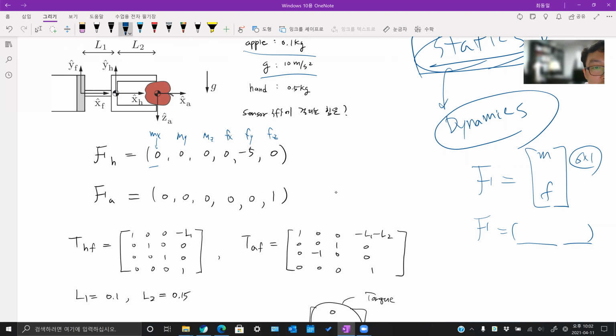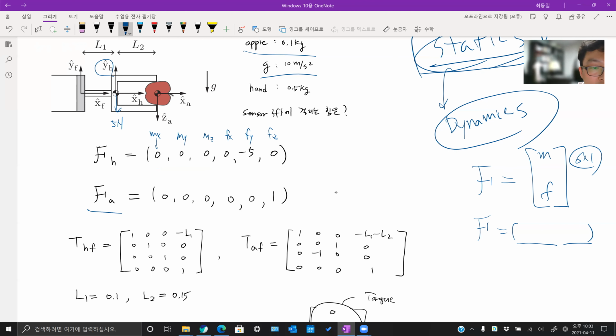So there is no moment here. But in the case of the hand mass, there is 5 Newton here. This is in the minus y direction. So it becomes 0, 0, 0, 0, minus 5, 0.